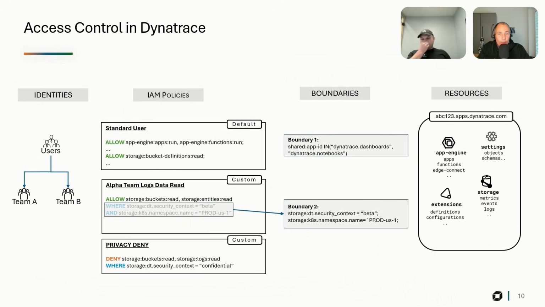The standard user can open up all the apps, but then you can specify with boundaries which type of users, which type of groups should have access to, let's say, the dashboard app, the notebooks app. There might be some more specific apps for site reliability engineers or for operations. So you can really specify what type of apps these individual groups can then access, and you can specify this in boundaries.